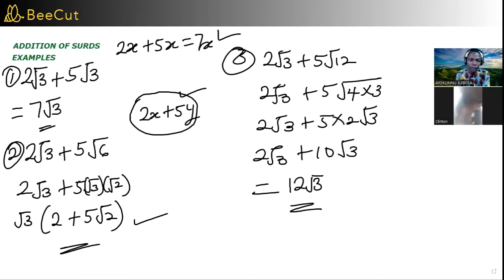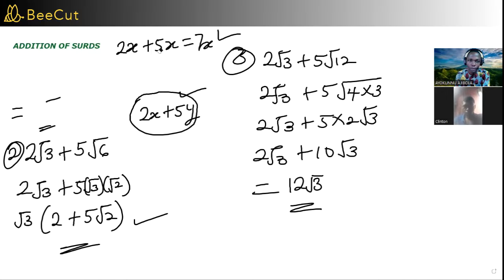Okay. Down the screen. Then the next one. Still on addition of surds.